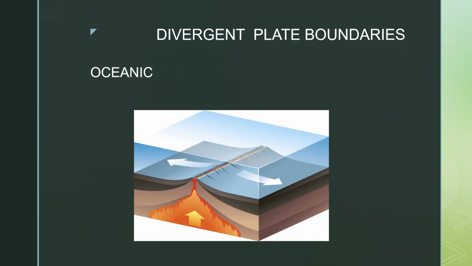Moving ahead, the next type is divergent plate boundaries. In case of divergent plate boundaries, the tectonic plates start to move away from each other. So let's say we have an oceanic plate, and let's say magma rises from the mantle of the earth and is coming above due to the convection cycles which are formed, as we have discussed before in our video.